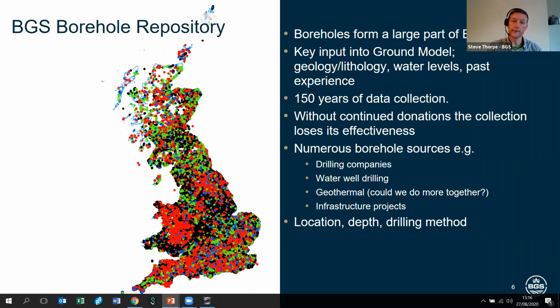The point here, which ties into the Dig to Share project, is that without continued donations to that borehole repository, the whole thing loses its effectiveness, and eventually those borehole records will get older and older, and we have to constantly think about updating those records and trying to ingest as much information into the borehole repository as we can to keep it as current as possible.